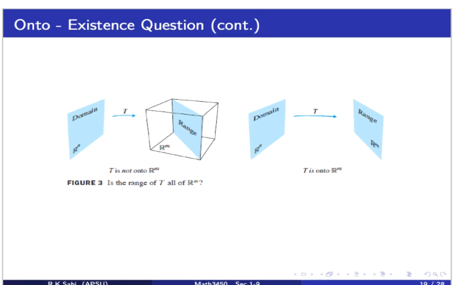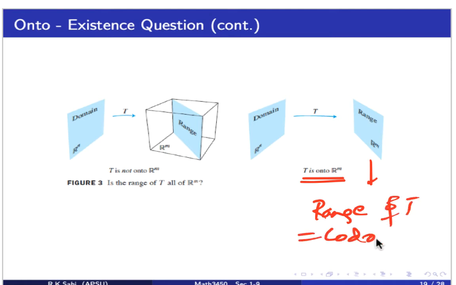If I have a domain and it only goes to some part of the codomain, that means this is not onto. But onto is a scenario where the range is the same as the codomain. So the range of the transformation is nothing but the codomain of the transformation.